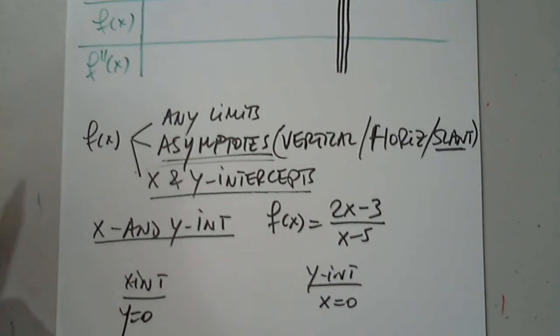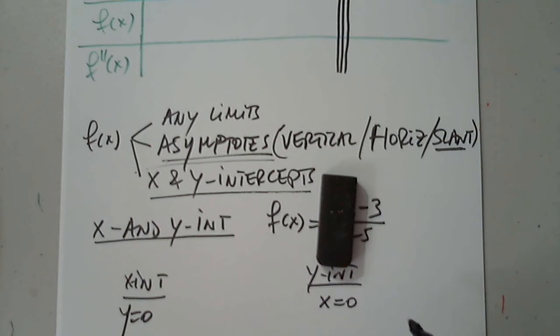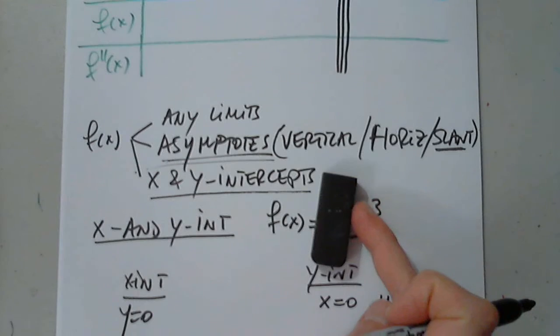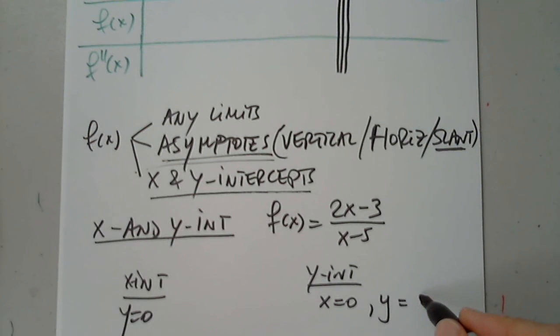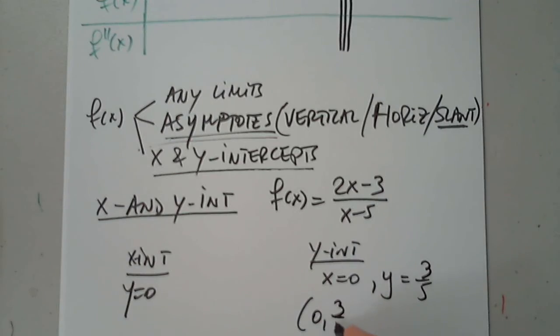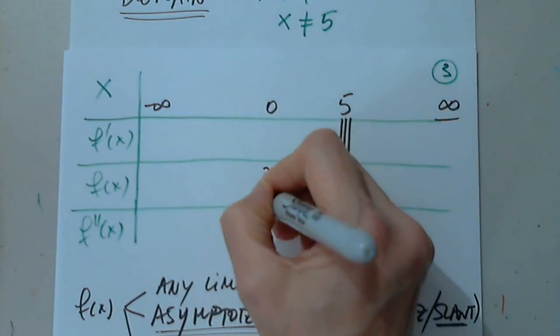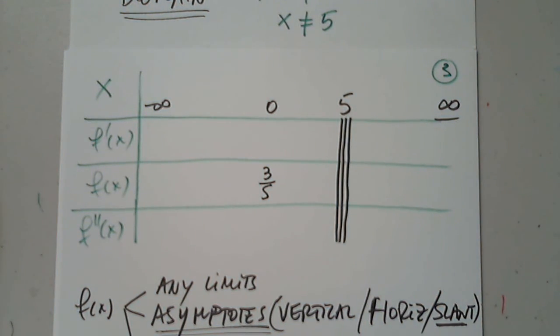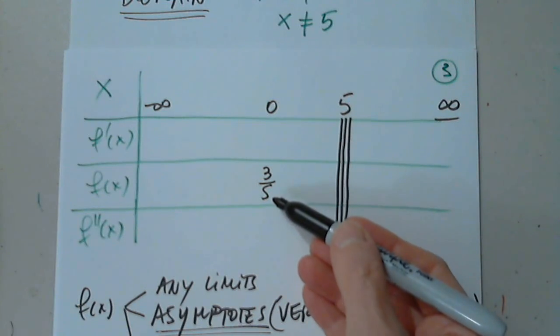Can anyone plug in x equals 0 and give us what this equals to? Real, we're fine. That's it. So the ordered pair is 0, 3/5. I found something. When x is 0, the function is 3/5. Perfect.